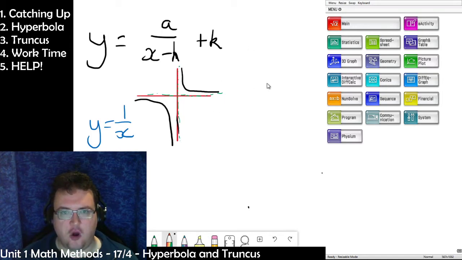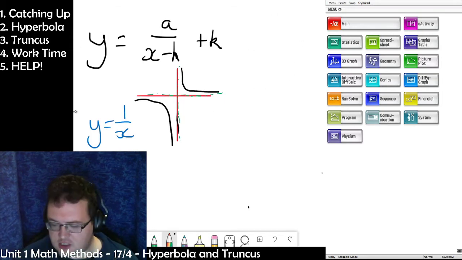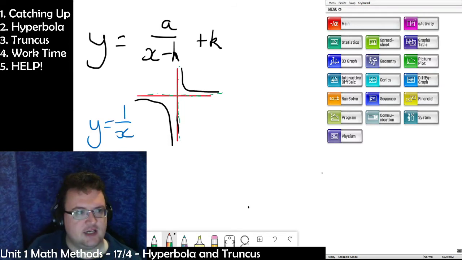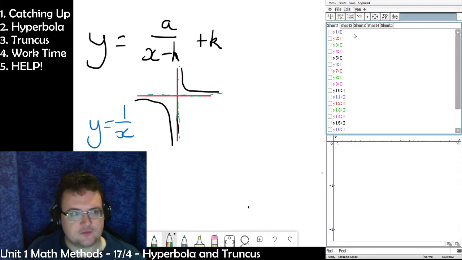All right, so let's go over to the CAS and we'll see that in practice. On the CAS under graph and table, what we want to do is create equations with some variables.